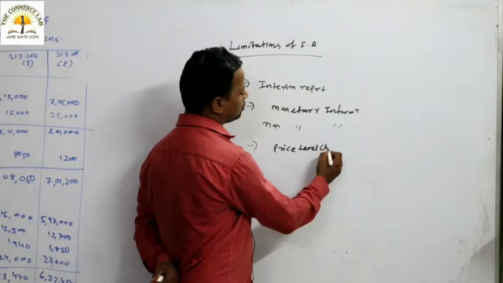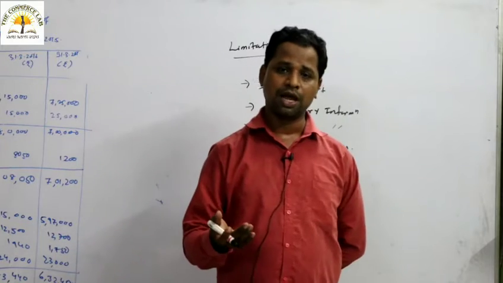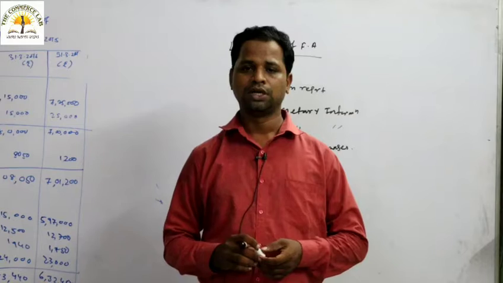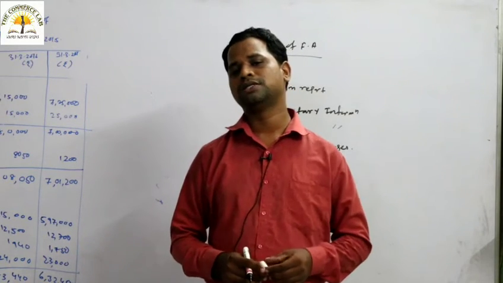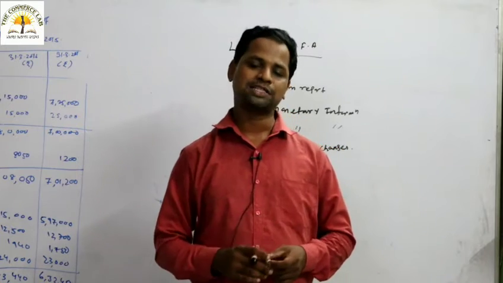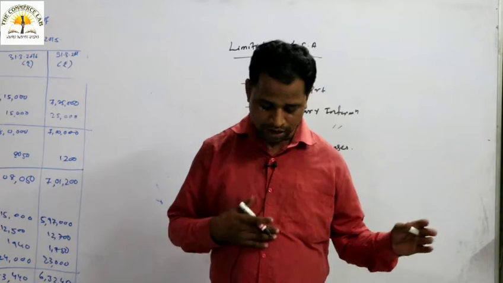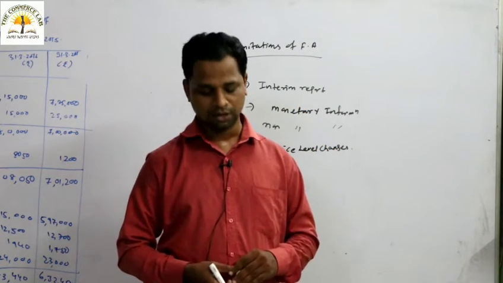From one accounting period to another, prices change. Due to inflation, the price level changes are not considered. All prices are recorded on a historical cost basis only, so changes in price from one period to another are not taken into account.